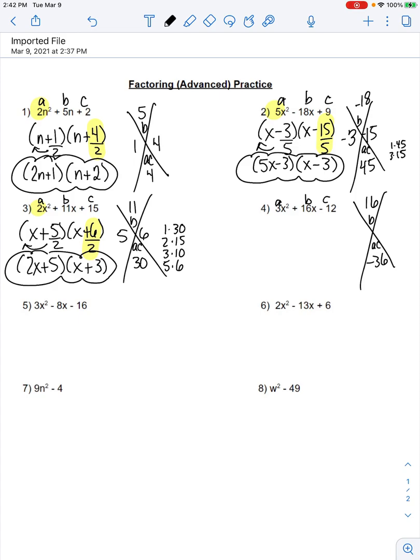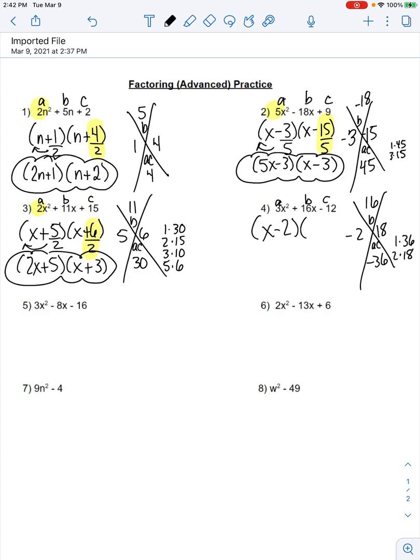So let's get our factors of 36. 1 times 36, 2 times 18, and I can stop there because 2 times 18, well, let's deal with the negative. If I do 18 minus 2, I get 16, and then negative 2 times 18 is negative 36. So let's write our factors.